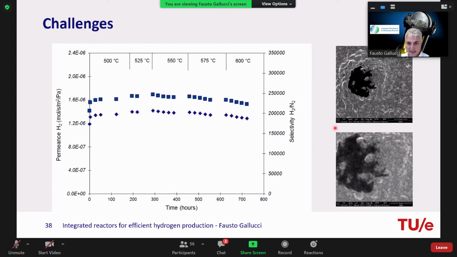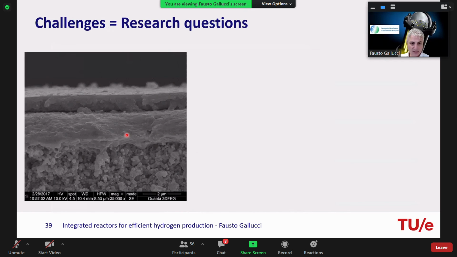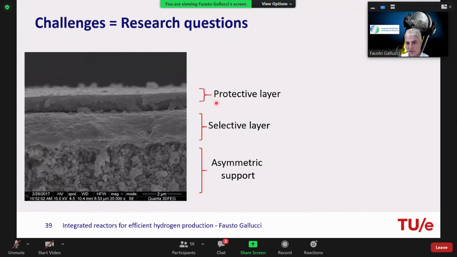So based on these results, we developed a new membrane. The challenges become new research questions. We go back to the lab and we develop what we call a double skin membrane, where we have the support and the selective layer. Up to now, it is a standard membrane. We put a protective layer on top of it such that the particles cannot touch the selective layer directly.